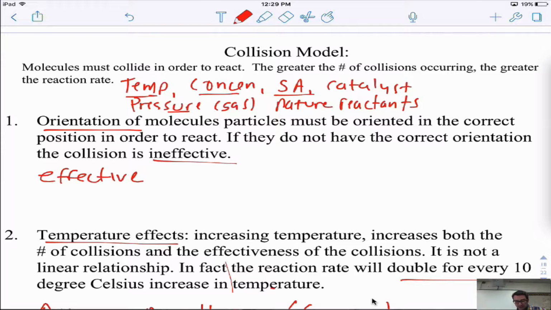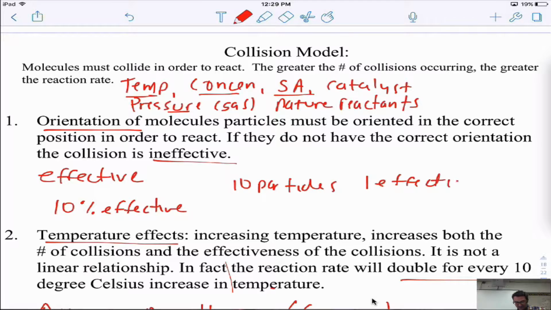Let's say you have a 10% effective collision rate. If you have 10 particles, 1 out of those 10 is going to be effective. But if you have 100 particles, now you have 10 that can be effective, because it's still the same percentage. When we deal with temperature, it increases the effectiveness of the same amount of particles by increasing their energy.